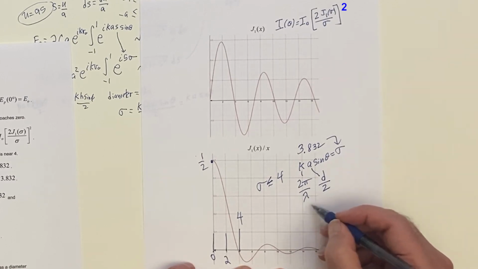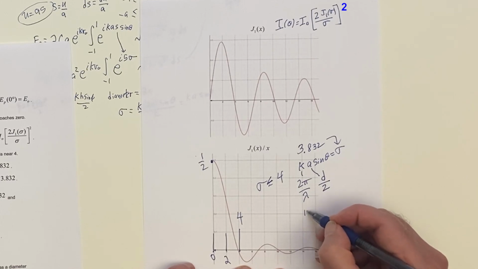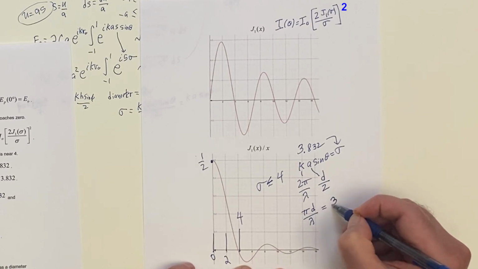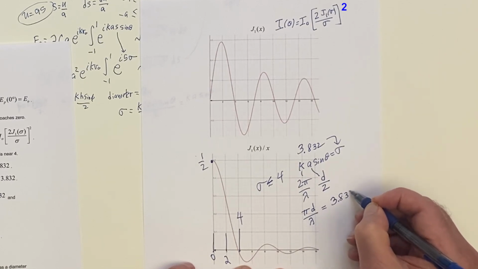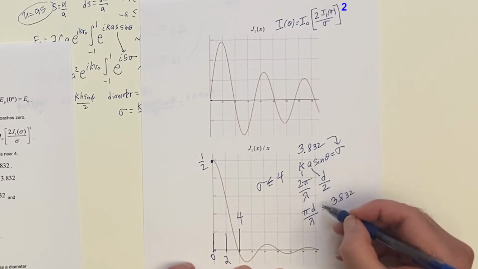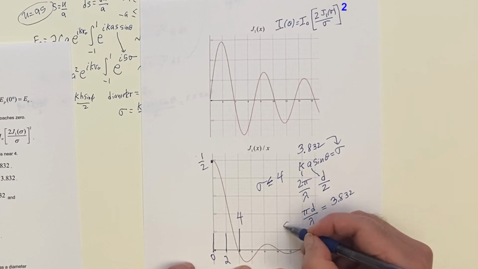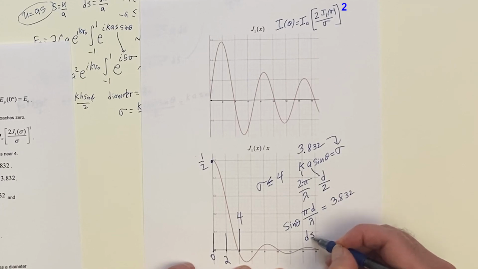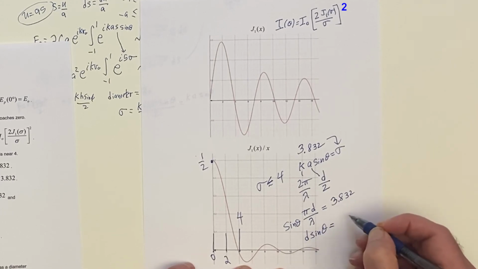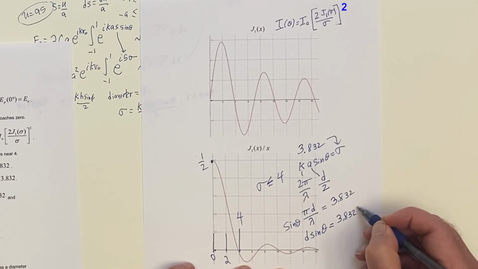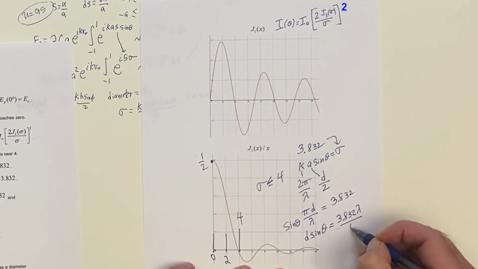We clean this up, we get pi d over lambda is equal to 3.832, and there's a sine of theta that goes with this left-hand side. So that means d times the sine of theta. If we bring the lambda to the other side of the equation, we get lambda over pi.